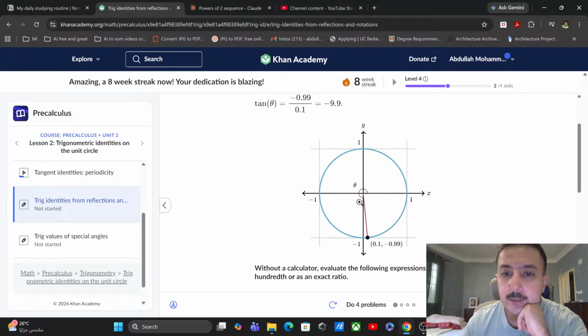Here minus and minus. Here plus, plus. Here minus and minus: minus 0.1 and minus 0.99. Still the same. This is the x, which is 0.1, and this is the adjacent, which is minus.